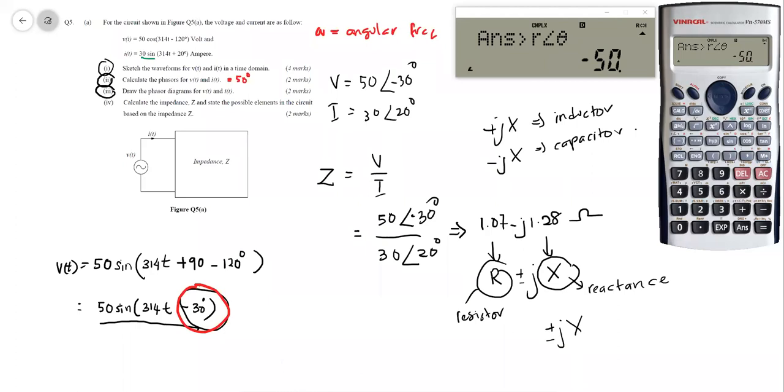Yes, negative, meaning that your impedance here consists of a resistor and a capacitor. So to state the possible elements, you can refer to this impedance and say that the elements inside this box contain a resistor and also a capacitor. It depends on the impedance.